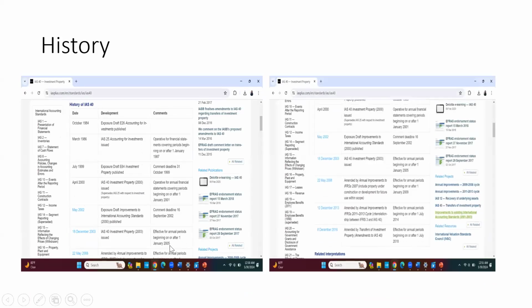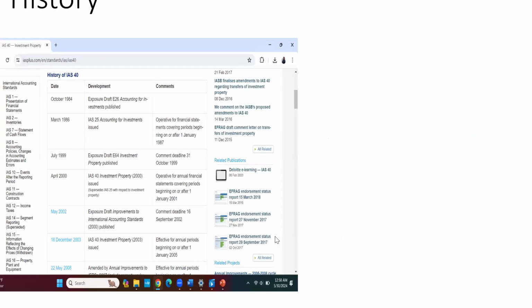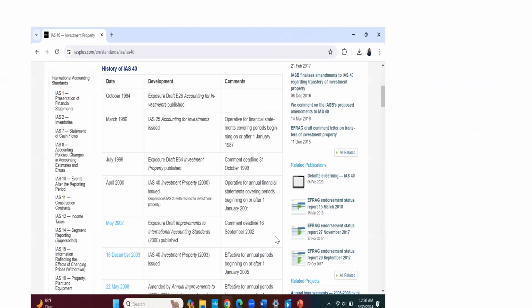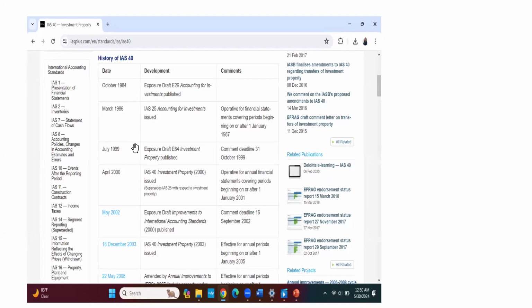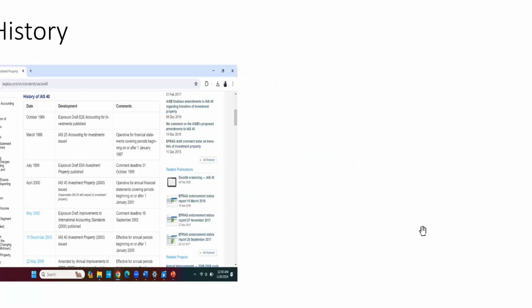I picked the historical development from IAS Plus. When you go to IAS Plus.com, it will take you through the various historical developments.